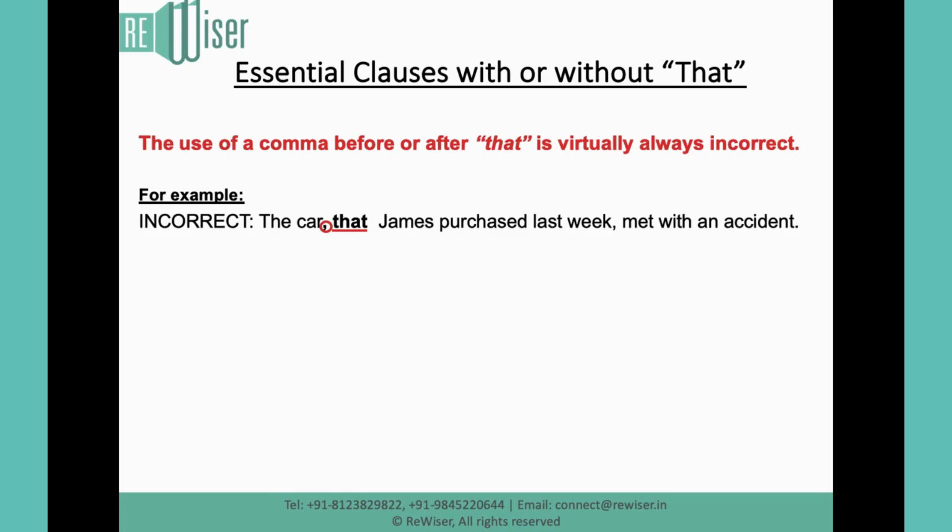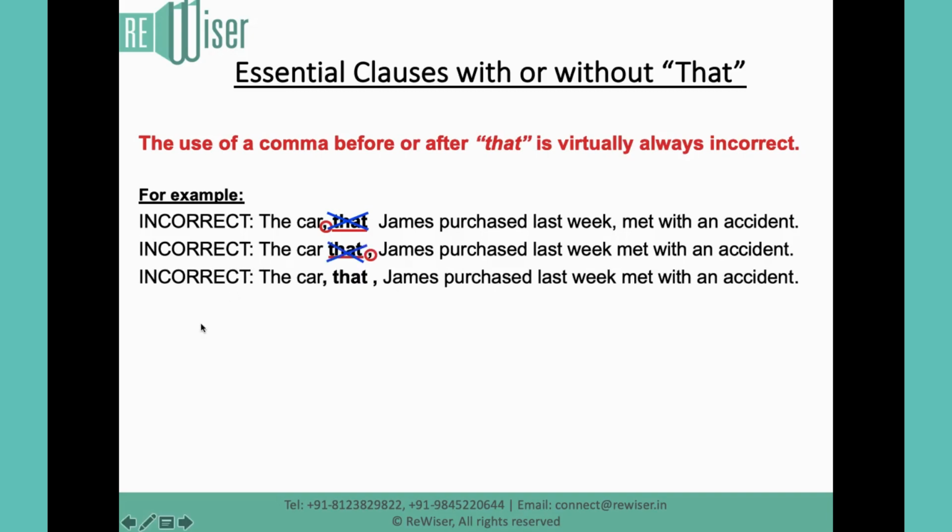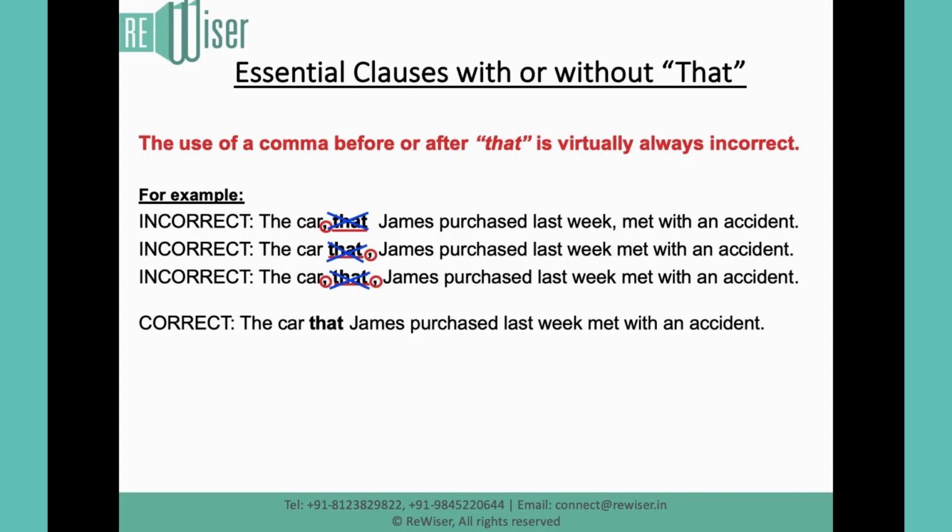So normally commas will not precede or immediately follow the word that. Here again, it's following the word that, and that's not allowed. Now here you have a comma before and a comma after the word that. That's also not allowed. And the correct option would be the car that James purchased last week met with an accident.